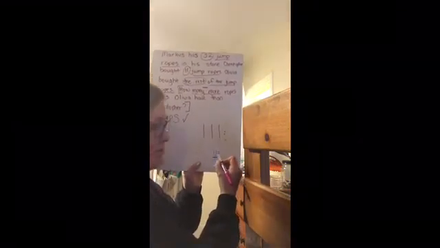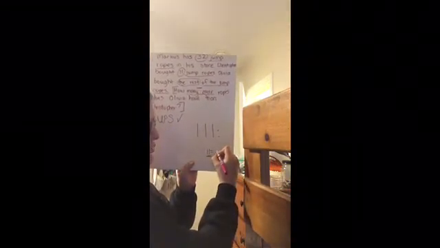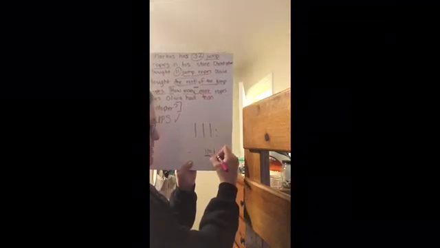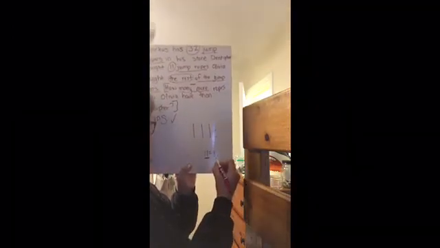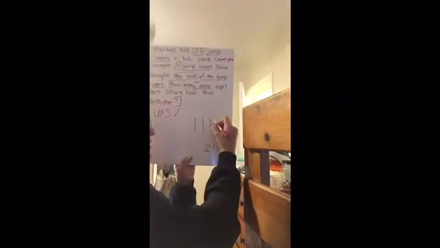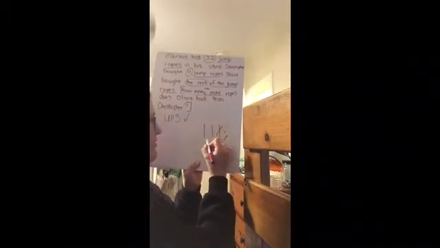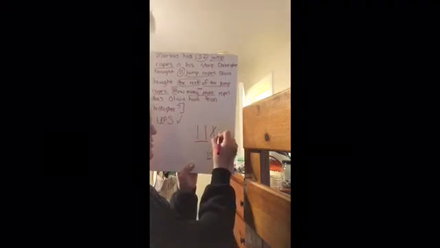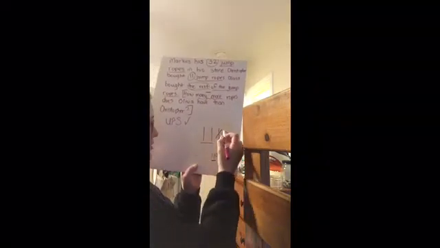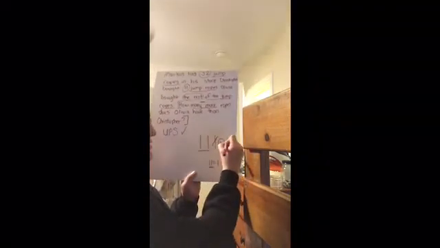That's not base 10 blocks. The number 11 jump ropes would look like one 10 and one 1 for base 10 blocks. Okay, so I can cross off one 10 and one 1. And what do I have left? I have 21 jump ropes. Okay, so that still gives me 21.